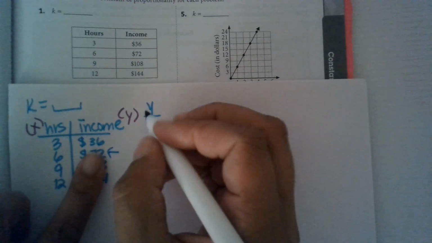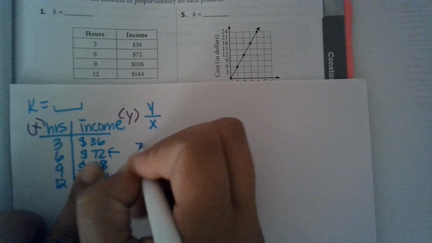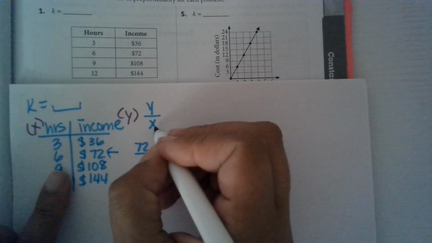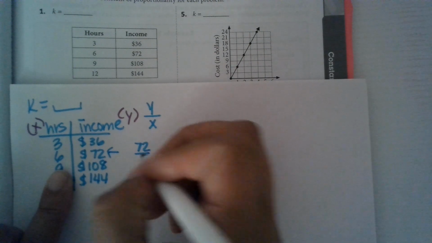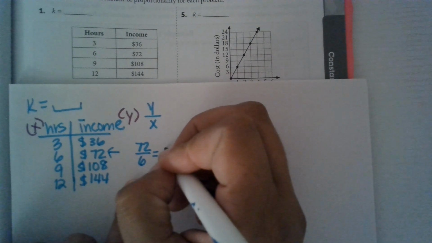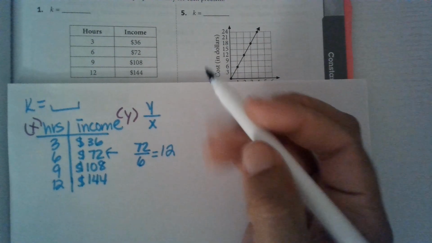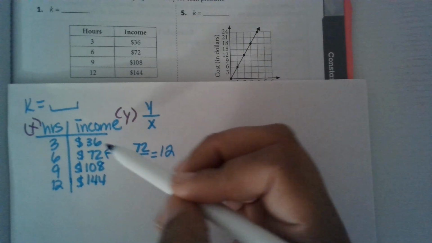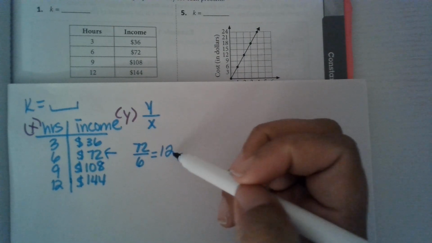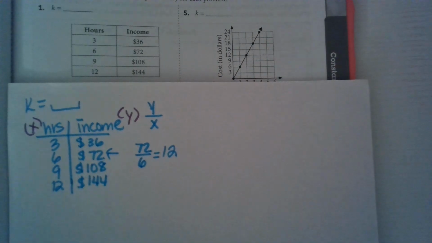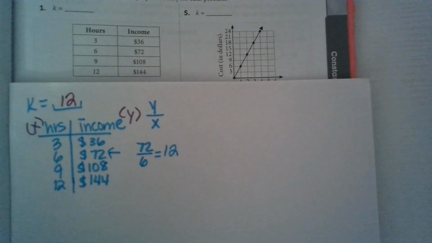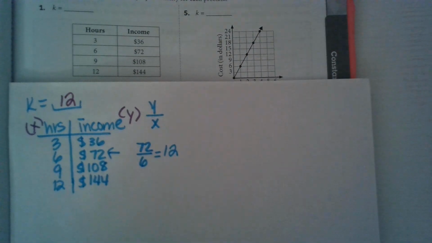So I'm going to do the 72 and 6. 72 is my income, that's my money, over your X value, which we're going to represent as your hours. And 72 divided by 6 is 12. Now, I could have used either one and still get 12. So, finding my magic number on a table, you need to use Y over X.